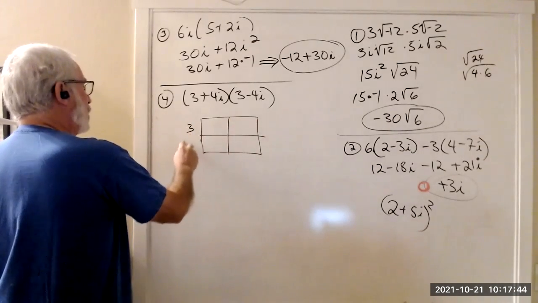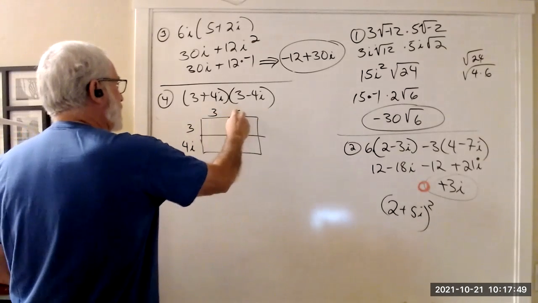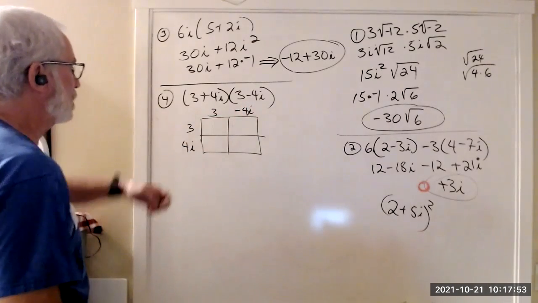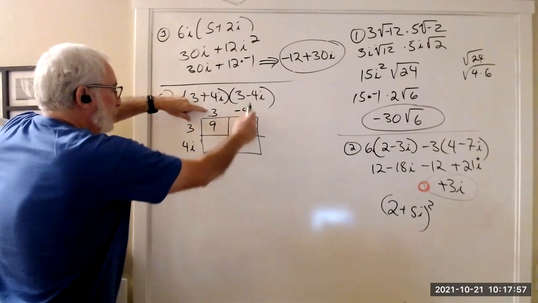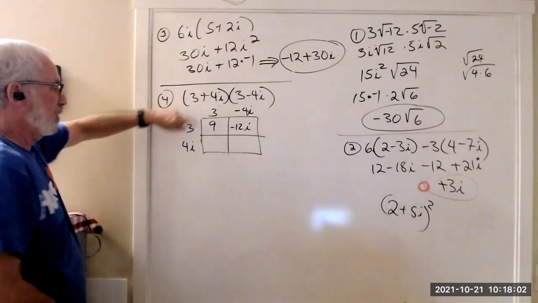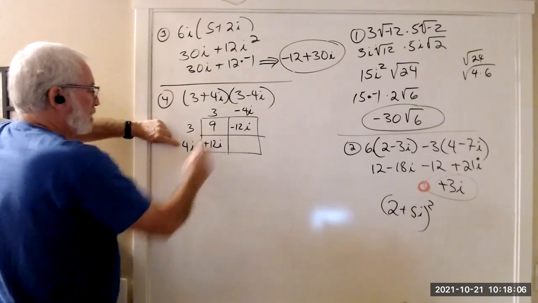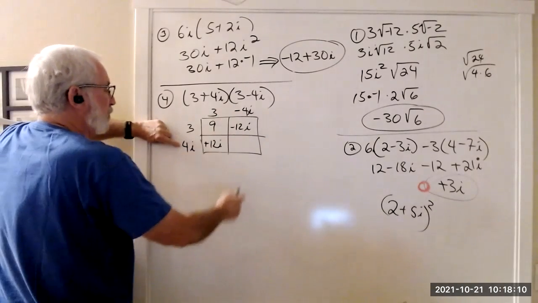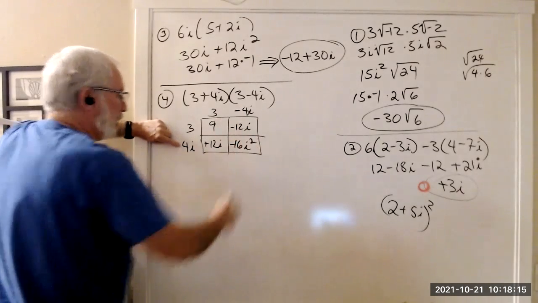I don't care. 3, 4i, 3, -4i. So we multiply. 3 times 3 is 9. 3 times -4i is -12i. 4i times 3 is +12i. And 4i times -4i is -16i squared.